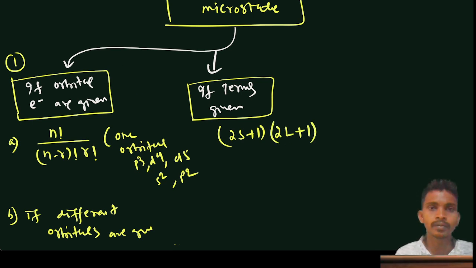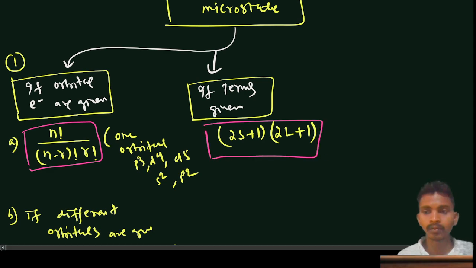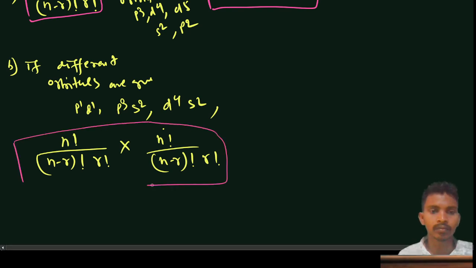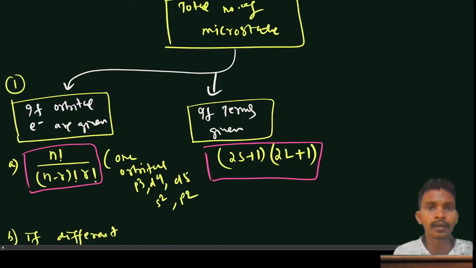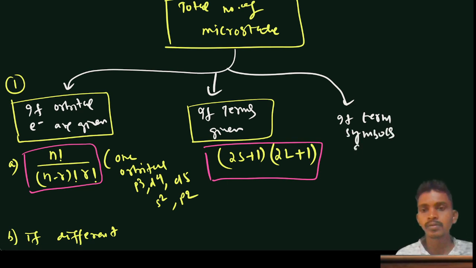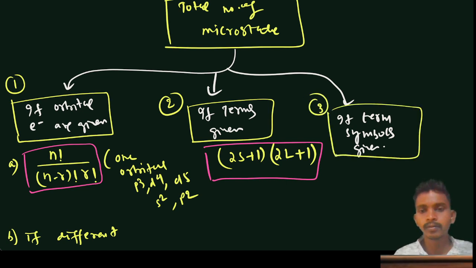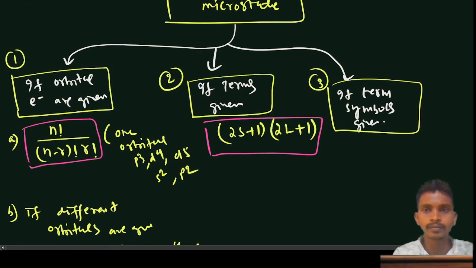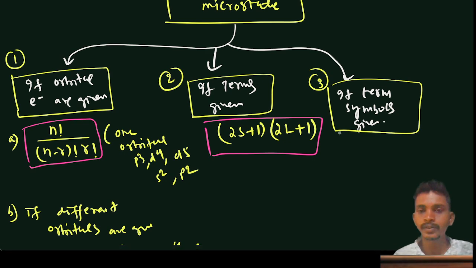Okay, and if term symbols are given, this is the second case, this is the third case, then the formula will be, if term symbols are given to you, then that is 2J plus 1. Okay, this is the formula you will use.